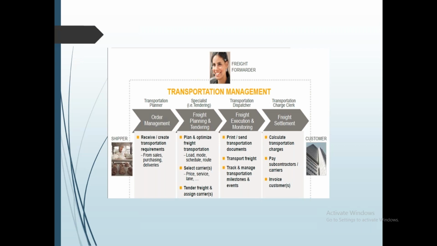So transportation means the movement of your product from one location to another location, and as a transporter, you need to worry about three things: what to transport, how to transport, and when to transport. What to transport means your household articles, that is, what products or cargo items you want to transport.